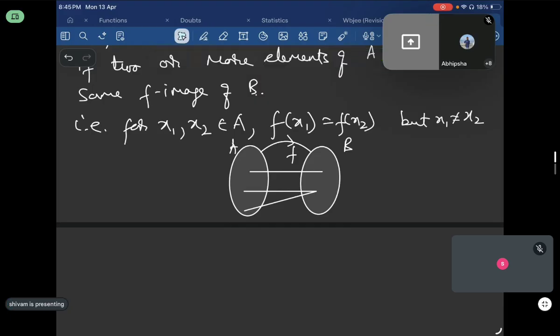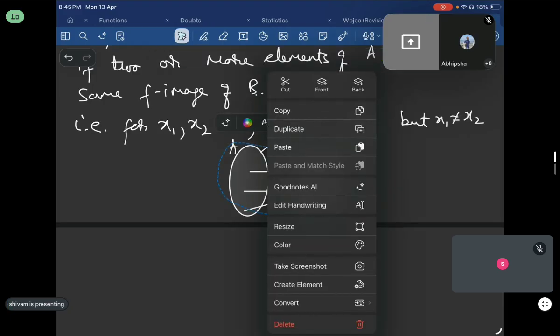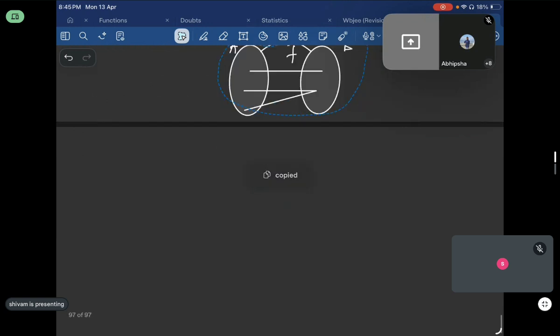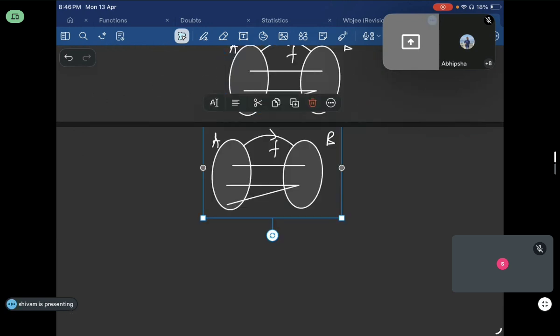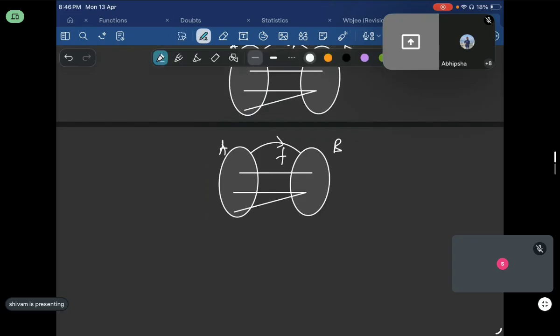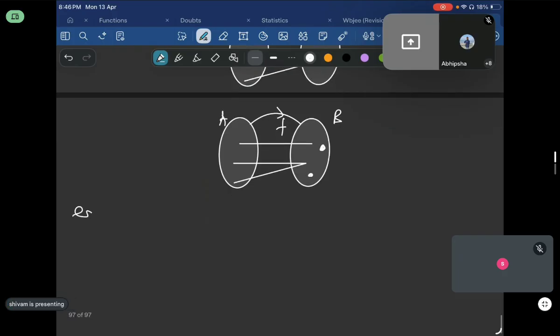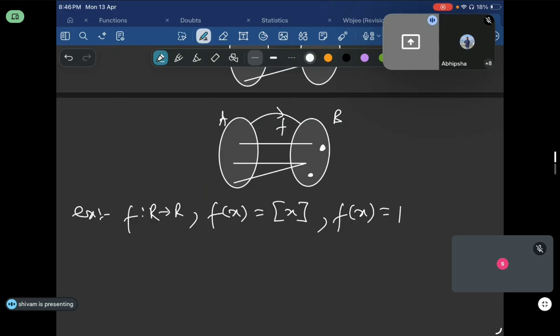Next, not only this, this one is also many one. For example, f maps R to R, f of x is equal to mod x.